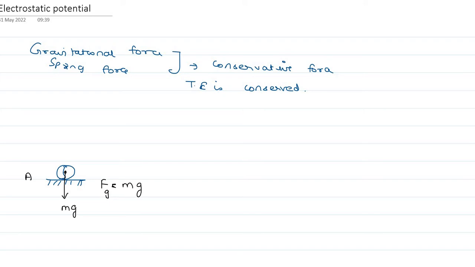Next, if you want to move the ball through a height h to the point B, what are you supposed to do? You have to do some work. For doing the work, you need to apply an external force. One force is pulling it downward, so in which direction do you need to apply the force?